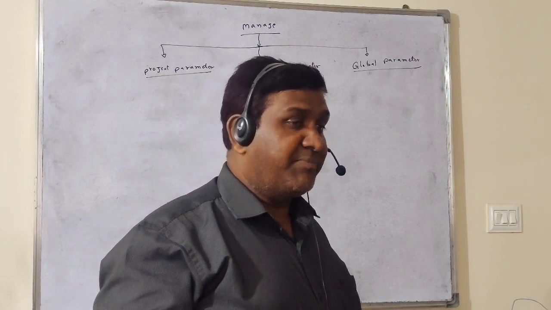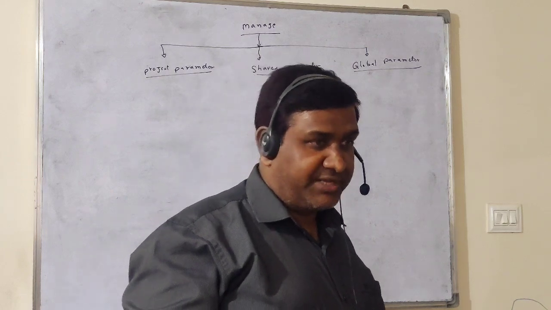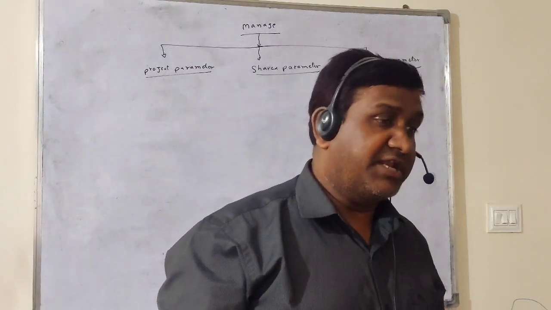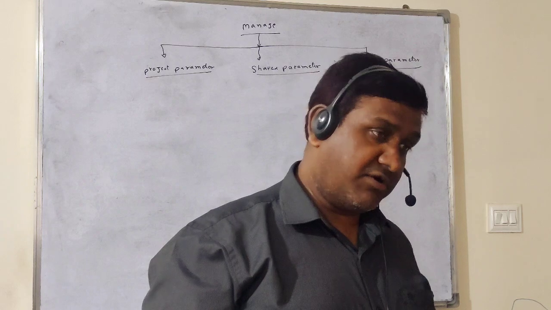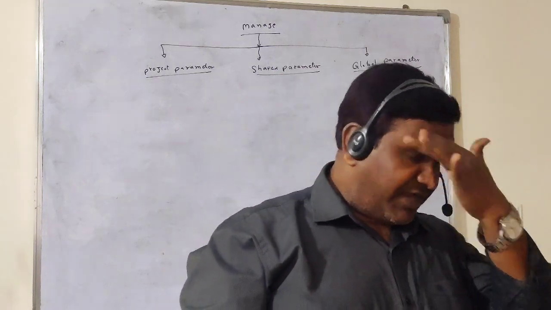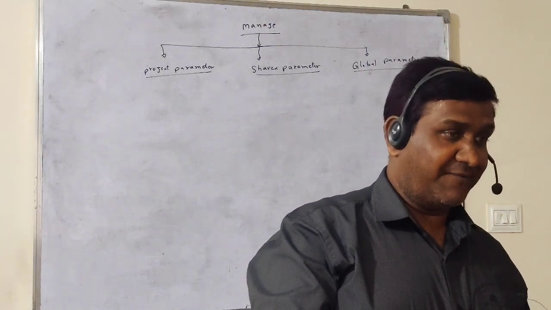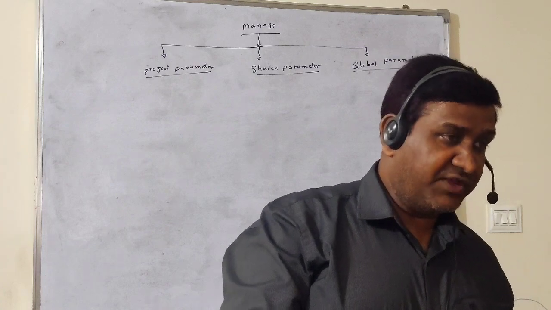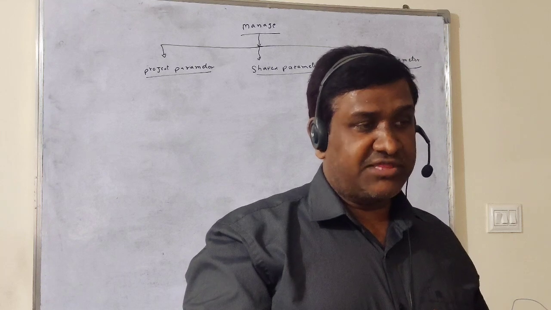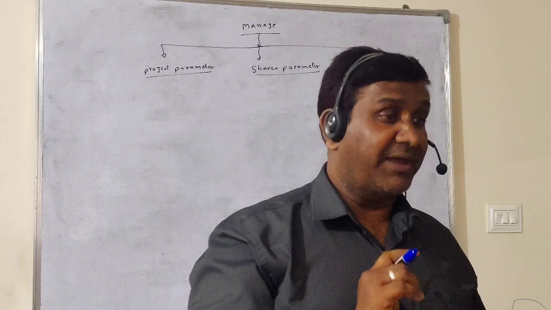So here these parameters again have three types: project parameters, shared parameters, and global parameters. There are three types of parameters we can work with while working in a project. Okay, so we have to know what project parameters, shared parameters, and global parameters are, because before starting the project we should know what parameters are. For each and every object, when you make the model, we have to give the parameters to each component.